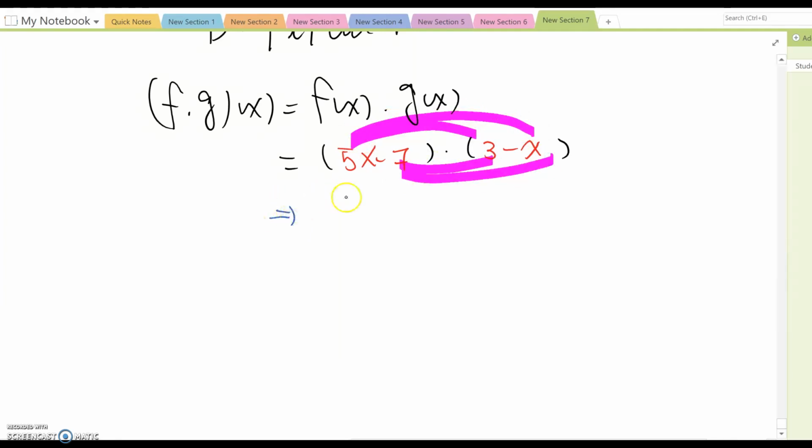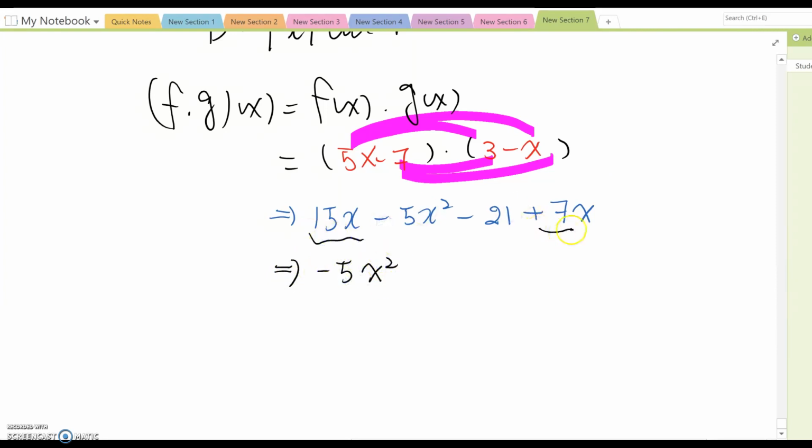Then this becomes 15x minus 5x squared minus 21 plus 7x. Now just write it in descending order. Then this becomes negative 5x squared, and you combine these two, plus 22x and minus 21.